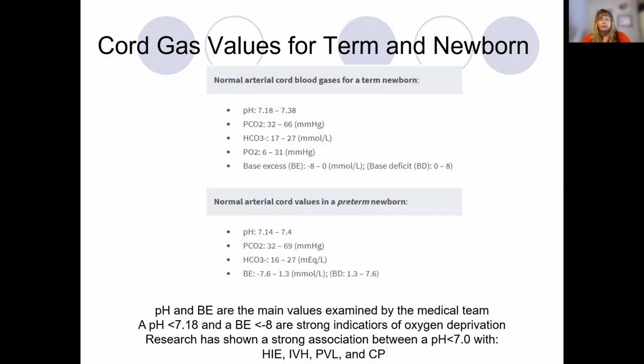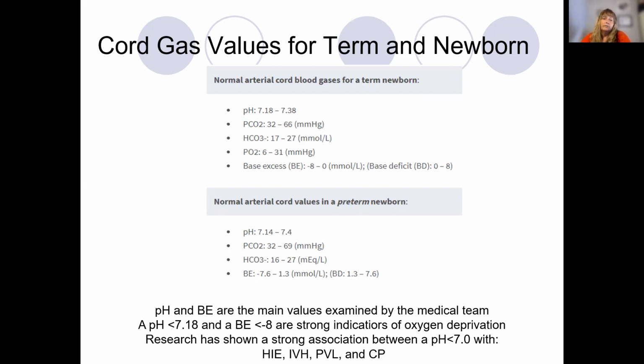Cord gas values for the term newborn: pH of 7.18 to 7.38, a PCO2 of 32 to 66, a bicarbonate of 17 to 27, a PO2 of 6 to 31, and base excess of -8 to 0.